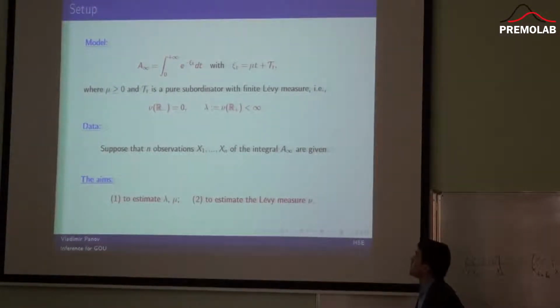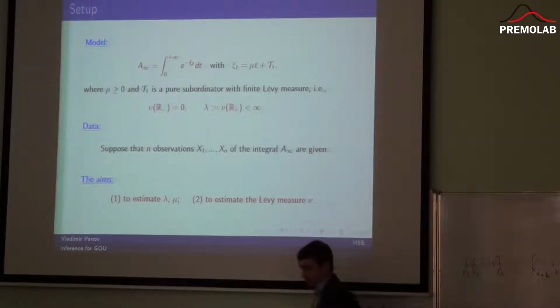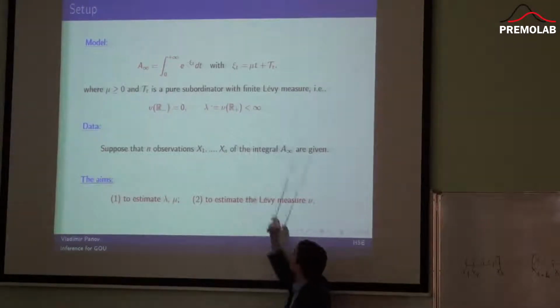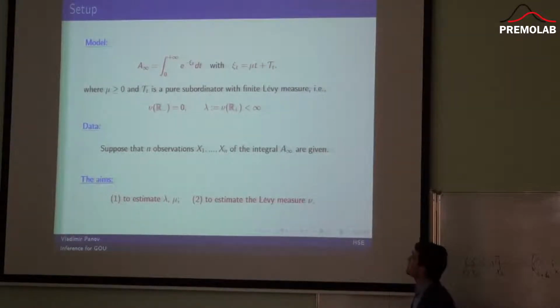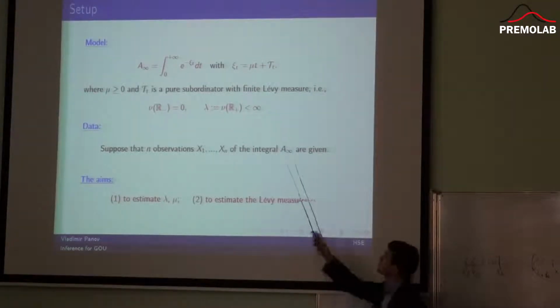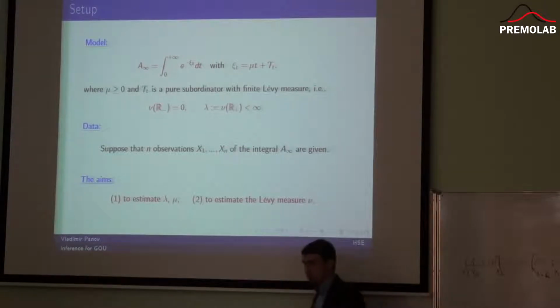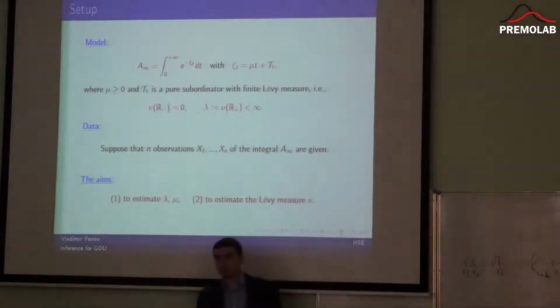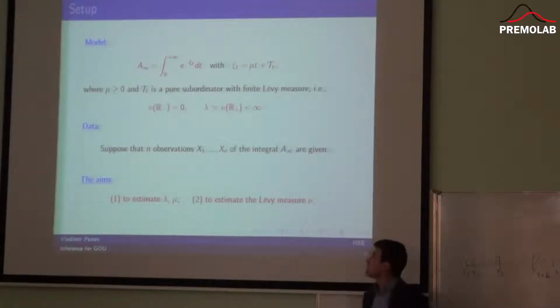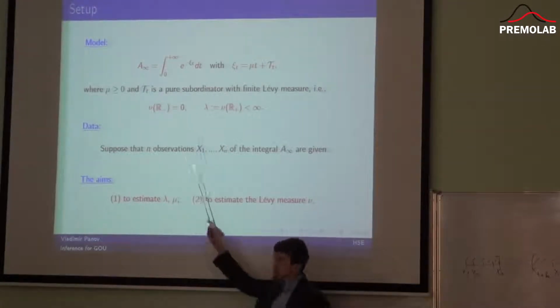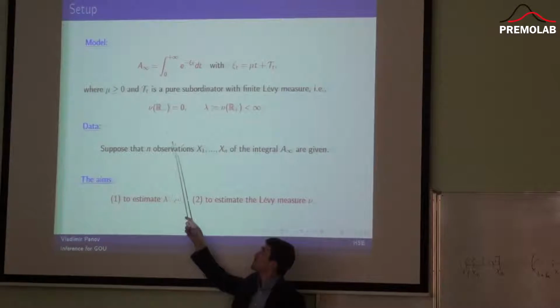For simplicity, we will assume that the Levy process xi is actually a pure subordinator with finite Levy measure. This means that mu, the first element of the Levy triplet, is positive, the second element sigma is equal to 0, and the Levy measure possesses the following properties.